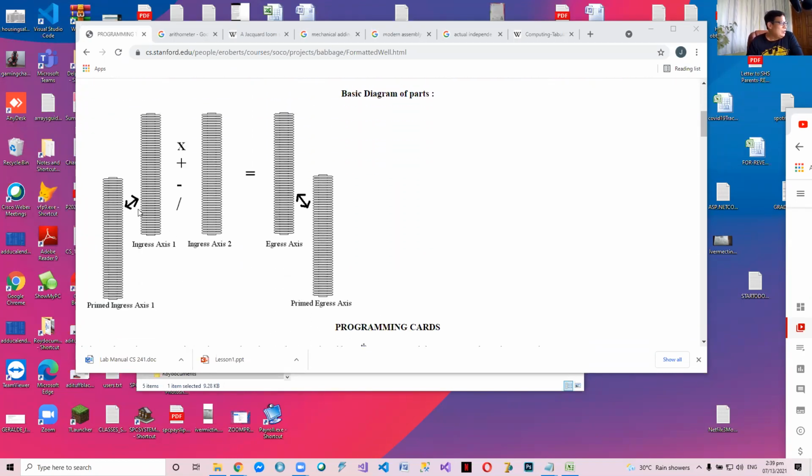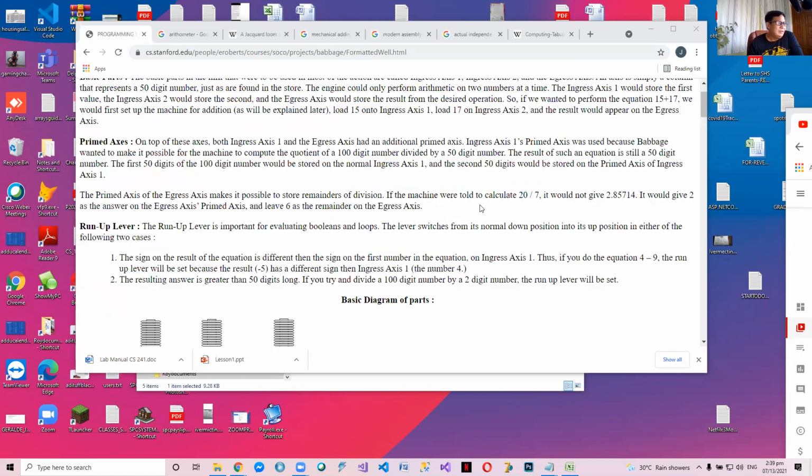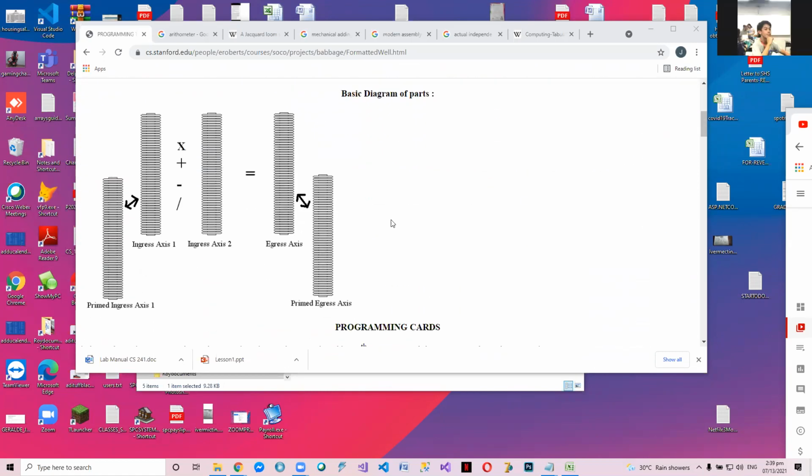If you have a very large value like a 100-digit number, you can use the prime ingress axis. Do you follow? So in certain circumstances lang magagamit yung prime, when the number to be divided is very large. Okay?